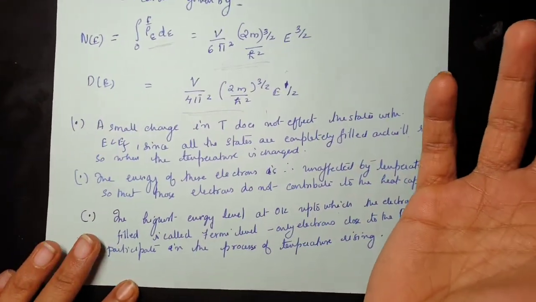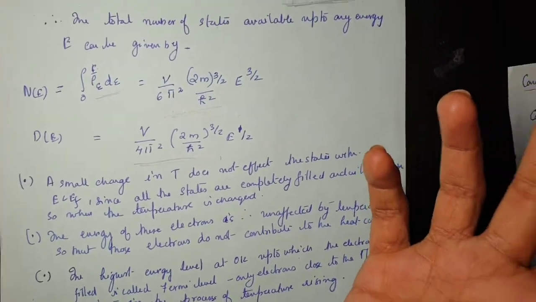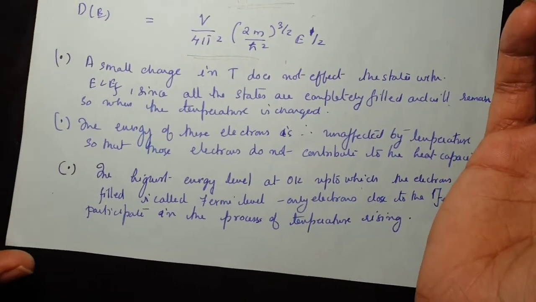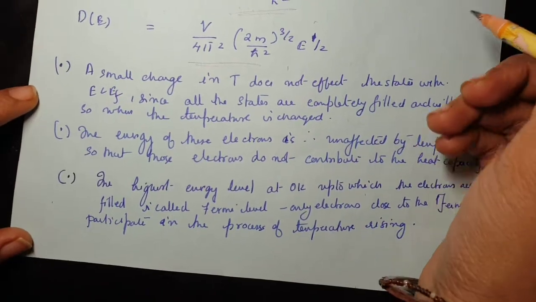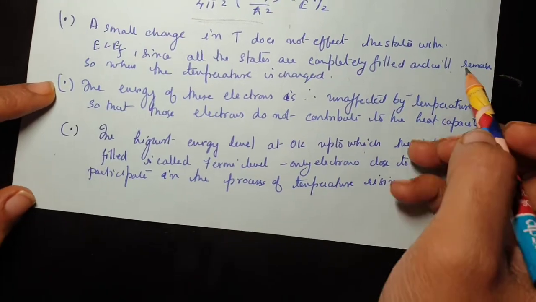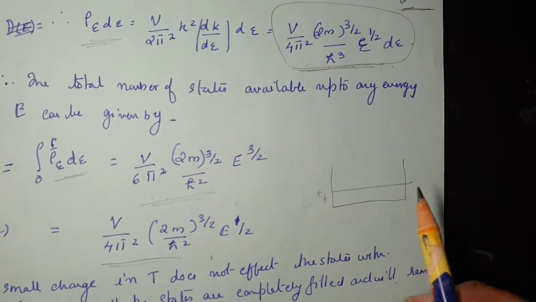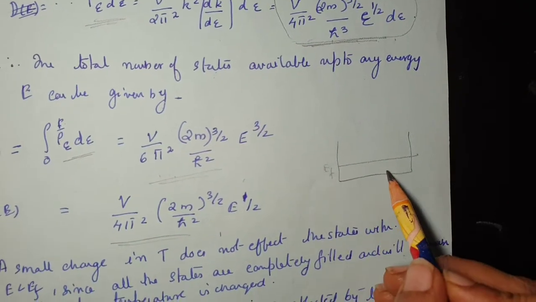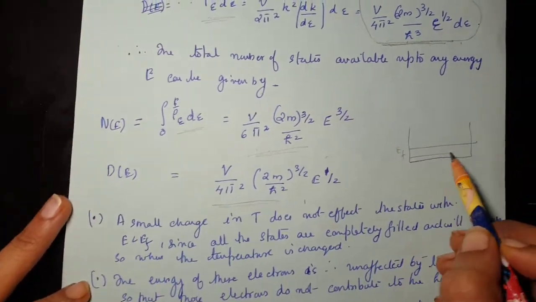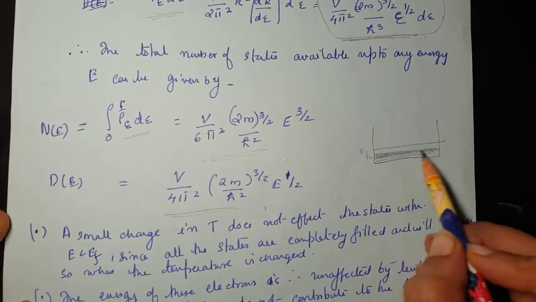Now, another thing we are going to see is how to find out the specific heat. By raising the temperature of our system a little bit, if we have a metal consisting of electrons, we can find the specific heat. What we have to know is, if you have our metal and the Fermi energy E_F here, when you raise the temperature, which electrons can take part in this process? All the states below E_F are completely filled, so raising the temperature will not affect these electrons.